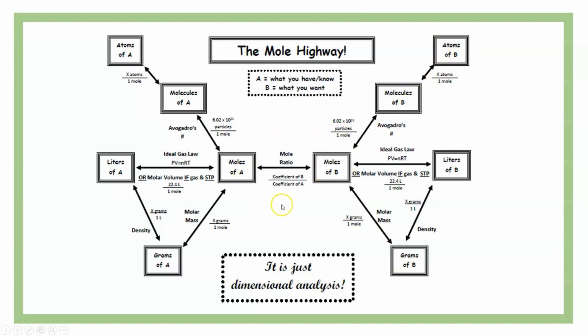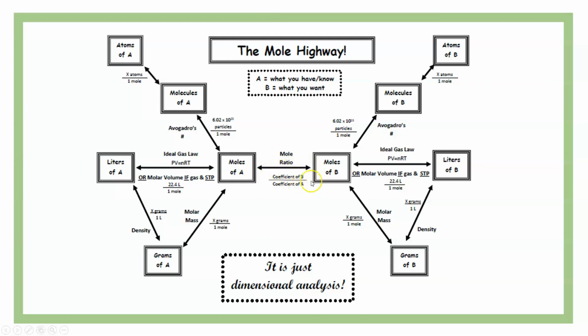And right smack in the middle, right in the halfway point, is our new special magical thing, the mole ratio, right? And if you notice, if you ever want to convert from one substance to a new substance, you can't get there unless you go through that mole ratio using your balanced equation.